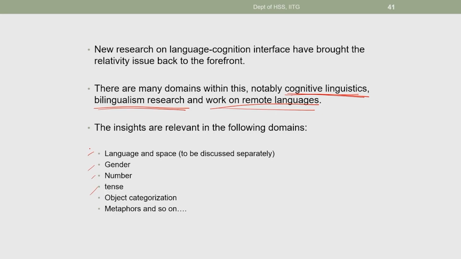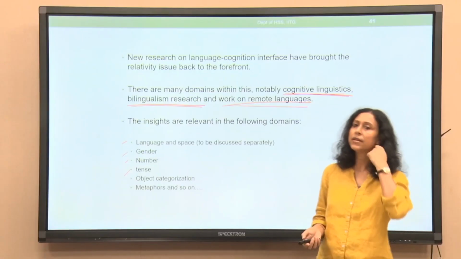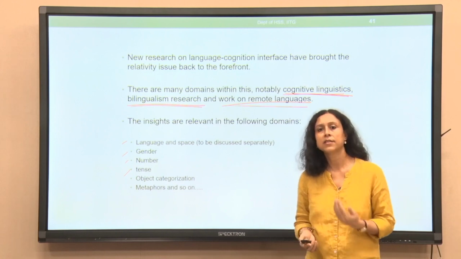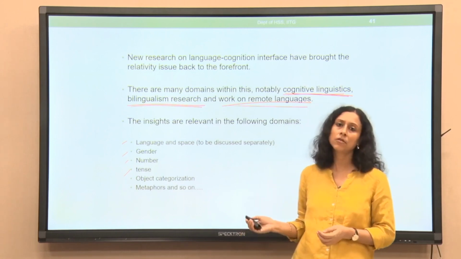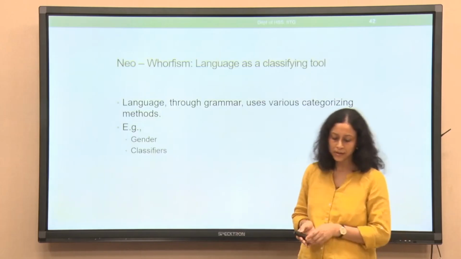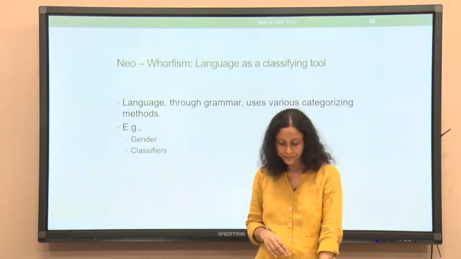Right now we will discuss gender, number, tense and object categorization primarily, and we will see how these grammatical patterns in languages have some amount of relationship with the way concepts are internalized by the community.